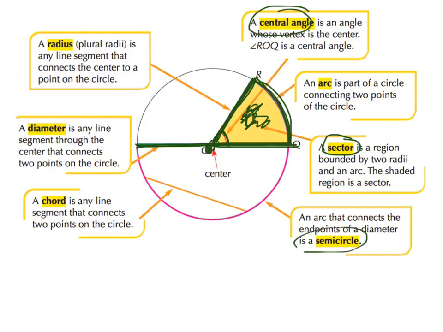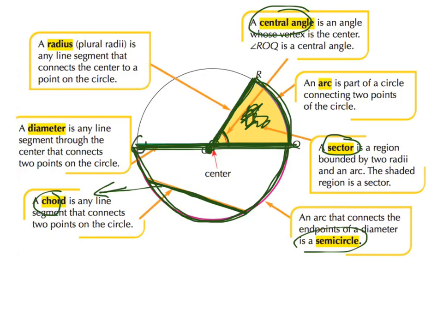What is a semicircle? The arc which connects the 2 endpoints of the diameter. That is called a semicircle. And what is a chord? A line segment connecting any 2 points on the circle. That is called a chord. Is diameter a chord? Yes, because it connects 2 endpoints of the circle. So we have learned radius, diameter, chord, semicircle, sector, arc, central angle.